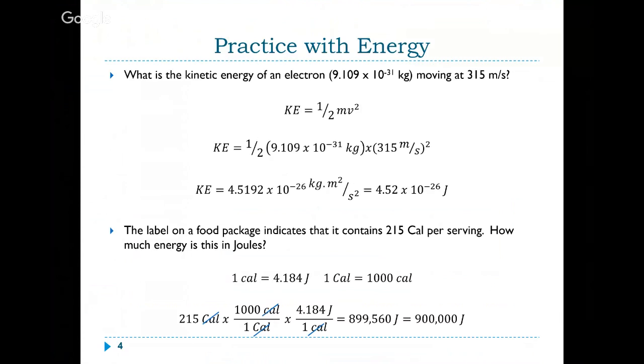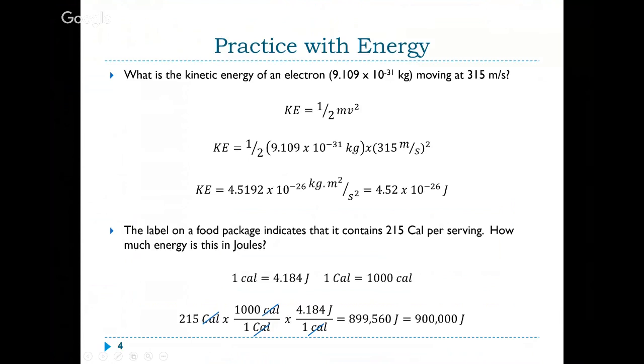So what's the kinetic energy of an electron moving at 315 meters per second? Here we have a really teeny tiny mass, but we're moving a lot faster. Once again, our equation is kinetic energy equals 1/2 mv squared. We have a mass here of 9.109 times 10 to the negative 31 kilograms.